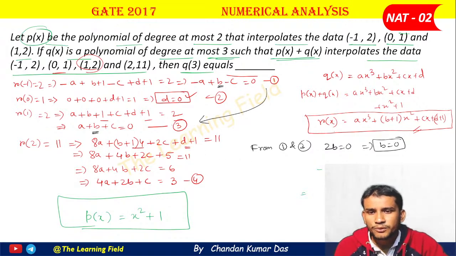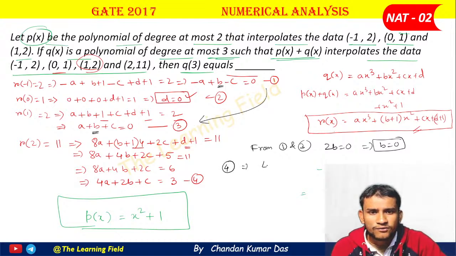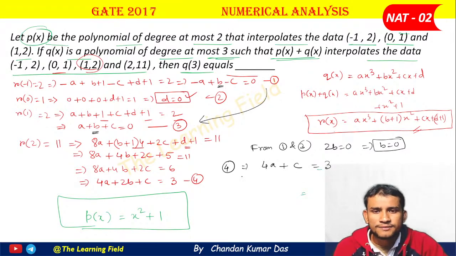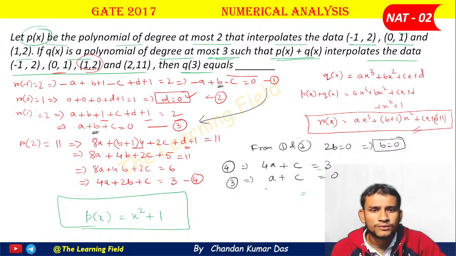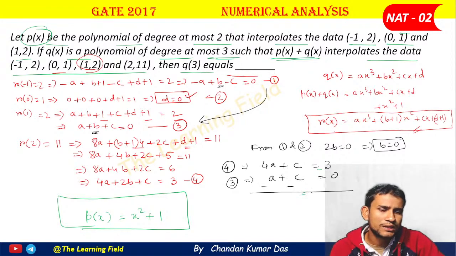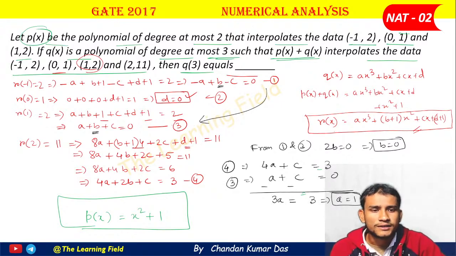Then if we put this in equation 4, it implies 4a plus c equal to 3, since b and d equal to 0, and from 3 it implies a plus c equal to 0. Now if we subtract these two equations, we get 3a equal to 3, that means a equal to 1. Okay, a equal to 1, and this implies c equal to minus 1.